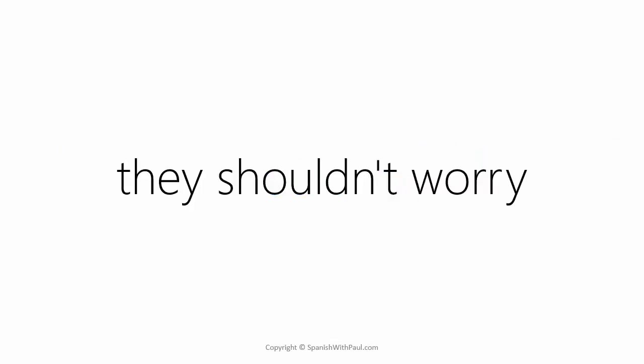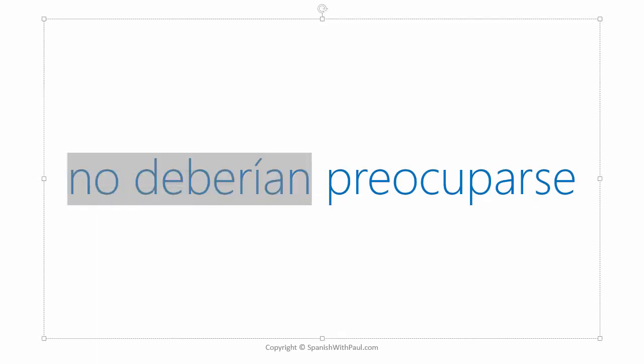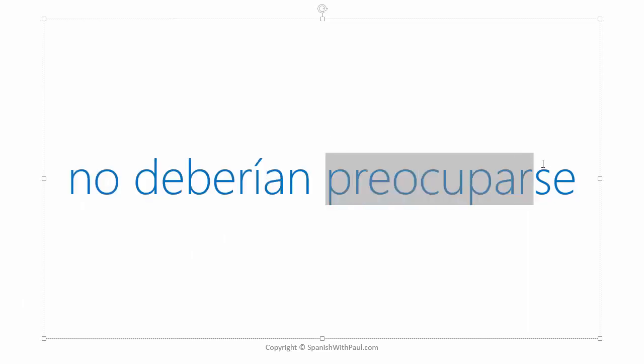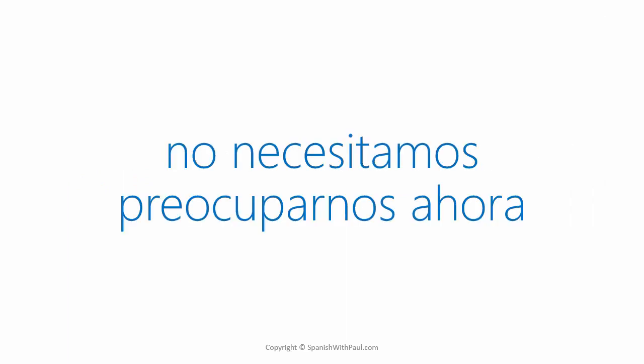They shouldn't worry. No deberían preocuparse. Here we're using the handle for should. And they shouldn't, no deberían, worry themselves, preocuparse. We don't need to worry now. How would you say that? No necesitamos preocuparnos ahora.